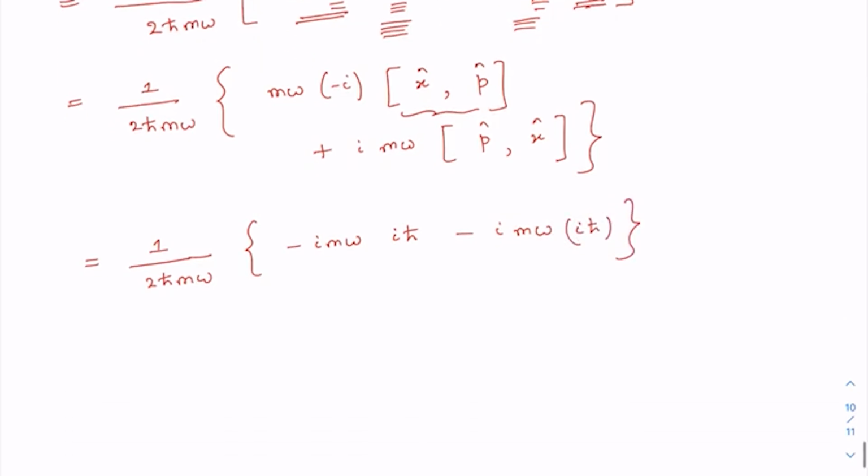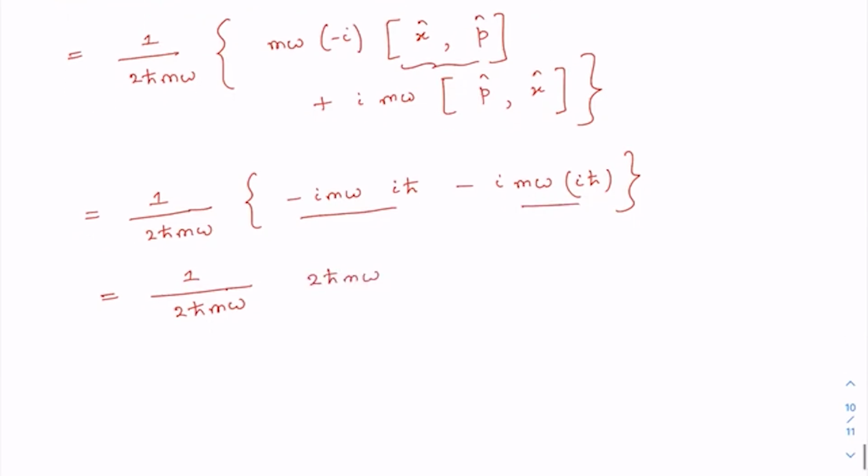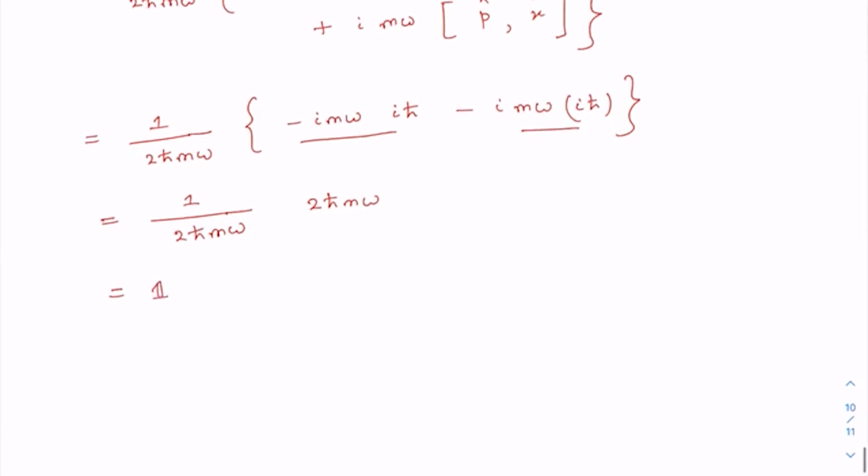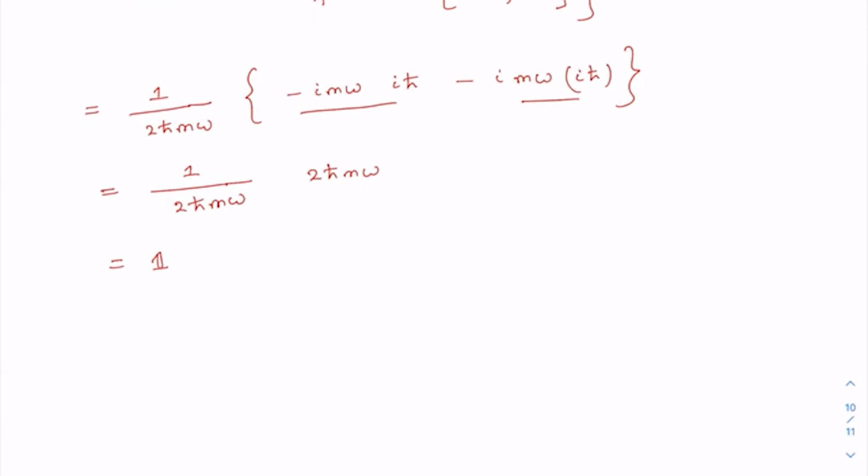Alright, so you can immediately see that this would be 1 by twice h cross m omega, and this one and this one would be twice h cross m omega, and this is equal to 1. Okay, this is the first part we have solved.